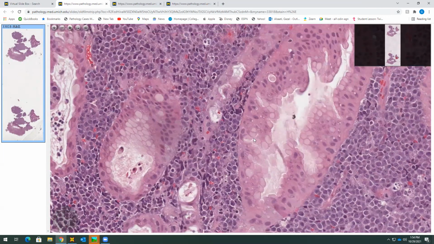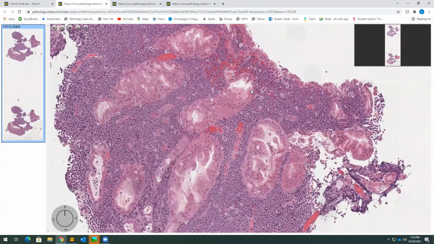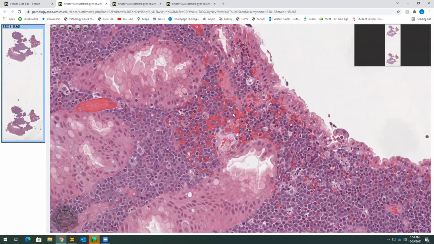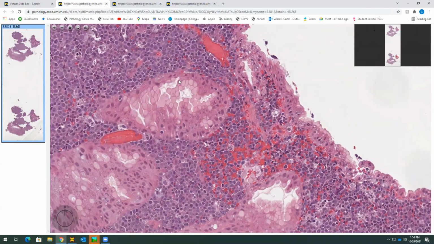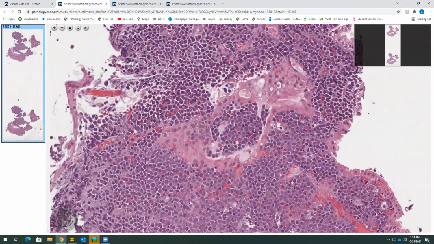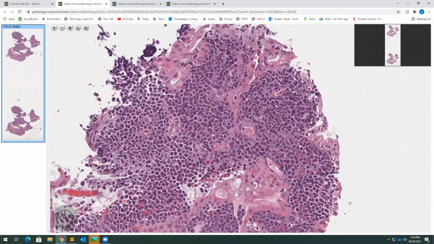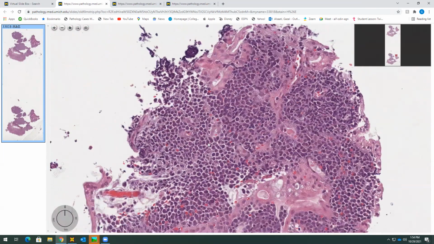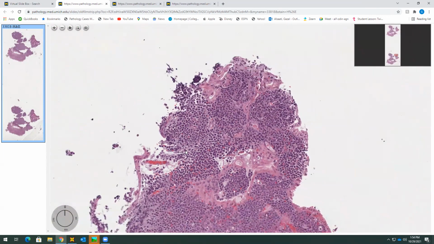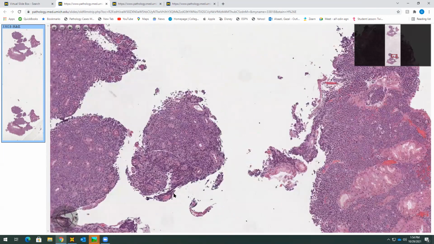After CD20, of course, for the DLBCL you have to do the DLBCL panel: BCL6, MUM1, and CD10, and that would be your Hans algorithm. You'll mention your Hans algorithm, CD10 positive, germinal center or non-germinal center. You'll do your Ki67, and see what it is.